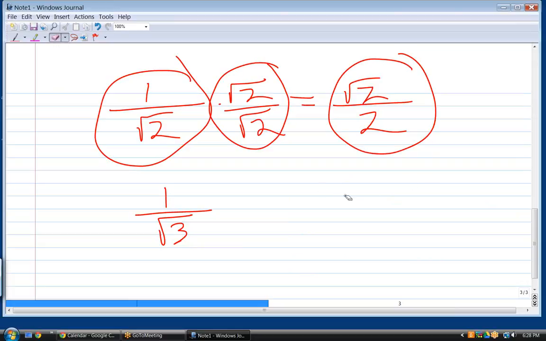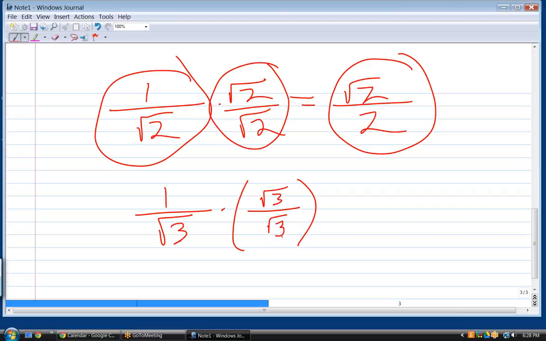So how do I rationalize that? Multiply it by what? Top and bottom. The opposite, right? Square root of 3. In other words, whatever this is. Not the opposite, the same thing. In other words, it's pretty easy, the rule.